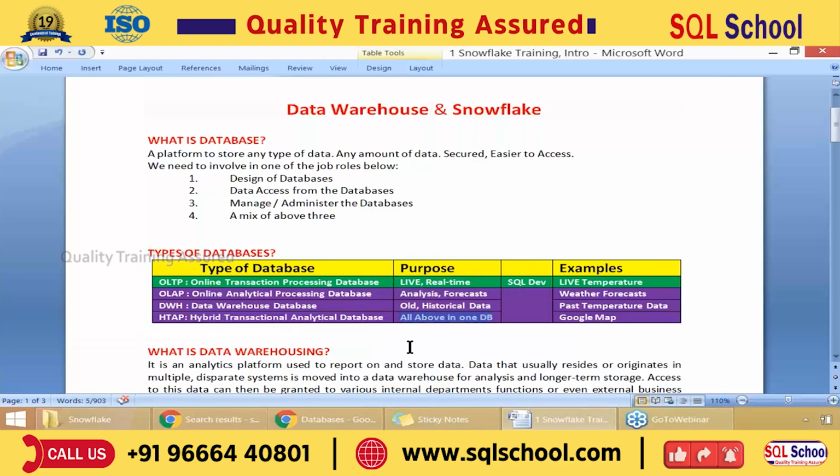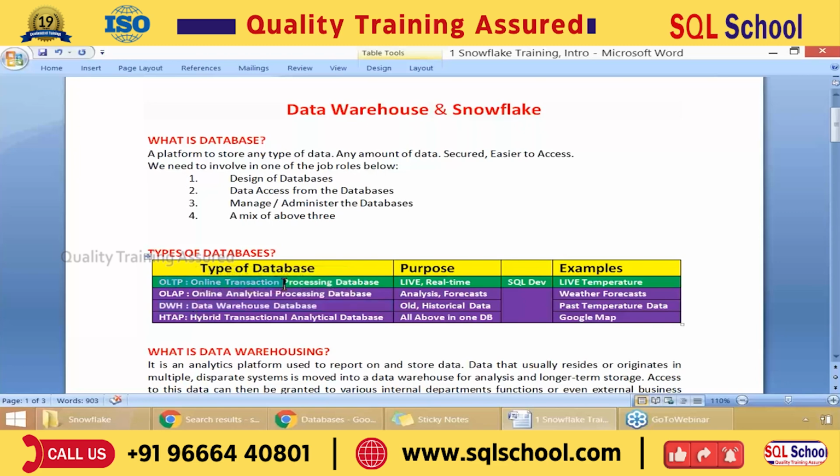Assume, for example, a live cricket match. That is OLTP, ball-to-ball score. We see expected run rate, required run rate, current run rate, speculations, calculations like expected run rate, accurate forecast. That is OLAP. Past old historical data comes from the data warehouse. Anything inactive, anything old is warehouse.